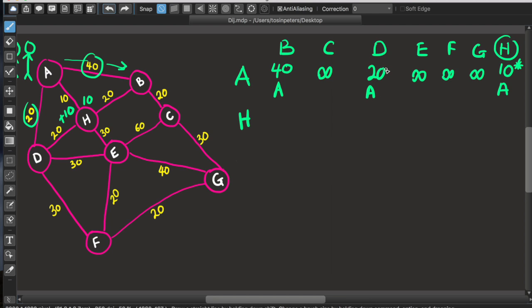So H is giving us 30 to D, sorry, yeah, 30 to D. But we're not going to take that offer, so we're just going to bring back our last value here. And from H to B, H is 10 to B, 30. Well, 30 is less than 40, so that's a good offer.